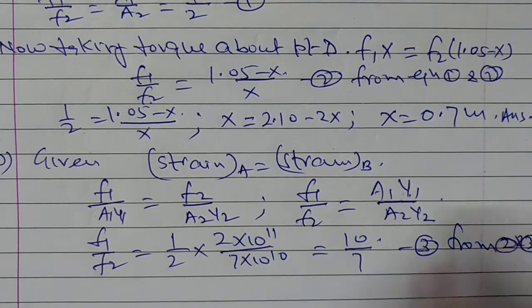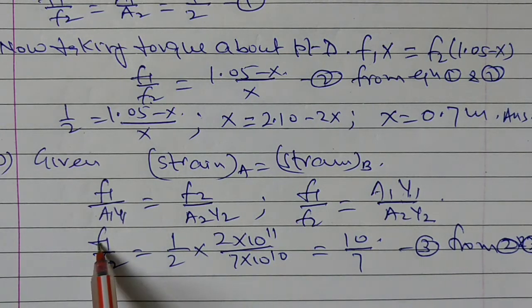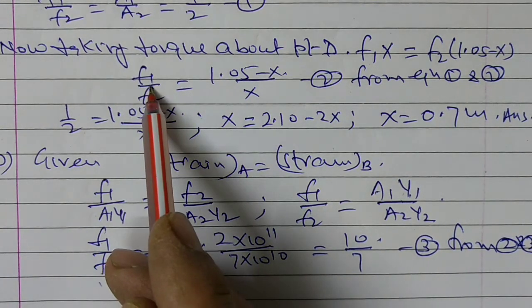equation 2 and 3, what can we write? This is F1 upon F2, and this is here also F1 upon F2.